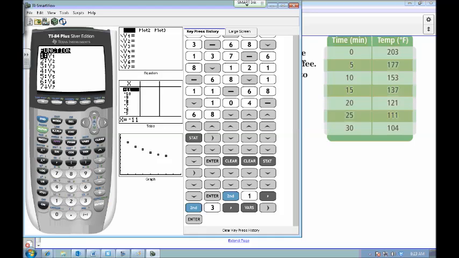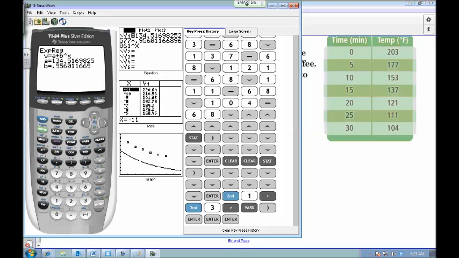Well, you just push enter and it will do it for you. Okay? So mine now says exponential regression L1, comma L3, comma Y1. If you hit enter, it will run it for you. And you can go to the graph and see it. Or you just go back and delete it. So arrow over, and there's a delete button.